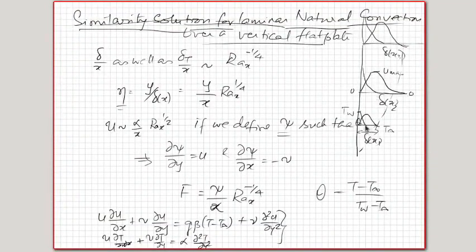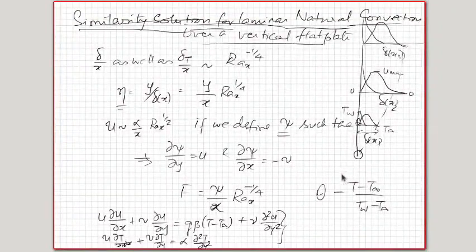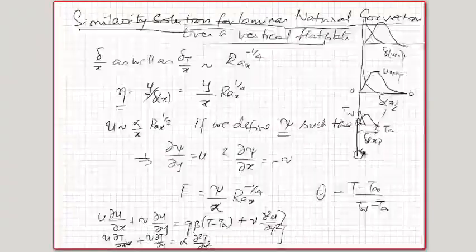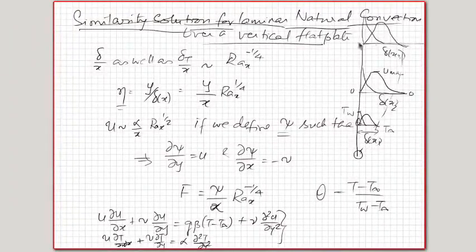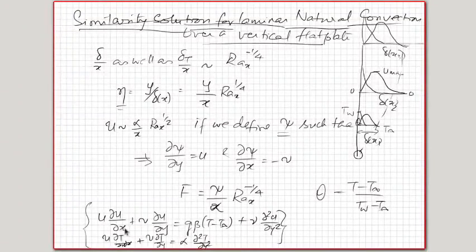This is the velocity profile that prevails throughout the region, except in the very close vicinity of the leading edge, where the boundary layer thickness delta itself goes to 0, so that's a singularity. But except that point, elsewhere the solution is self-similar, and therefore we can reduce these partial differential equations into ordinary differential equations only in y, and the x dependence can be absorbed.